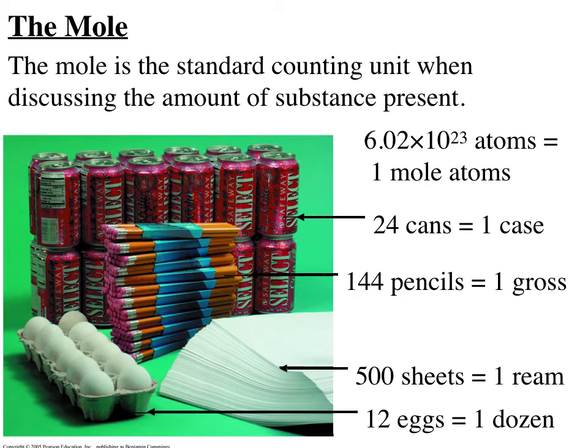But chemists have decided upon 12 grams of carbon-12, counting out exactly what is in that 12 grams, and you would find 6.02 times 10 to the 23rd atoms of carbon-12. So that is what we are going to use to define this measuring unit. Think of it as, like I'm showing in this picture, much like a case of beer, that's 24 cans of beer, a gross of pencils, that's 12 dozen or 144 pencils, a ream of paper, 500 sheets, and a dozen eggs is 12 eggs.